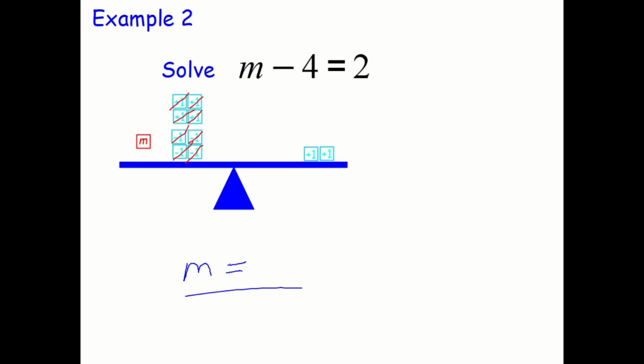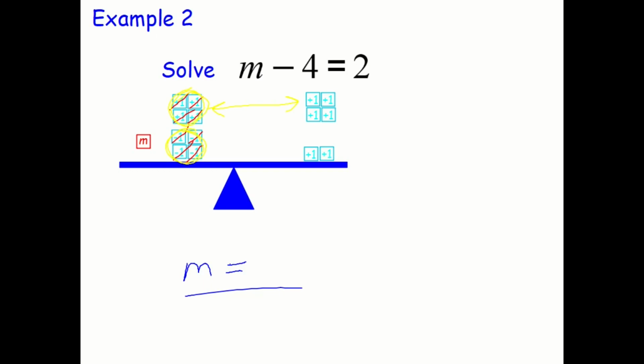But if I've put that little group of +1s there on that side, I must do the same to this side, okay? So those are the same. I've just put the same thing on both sides. But here, that group cancelled out with that group because these were plus ones and these were minus ones. So they cancelled each other out.